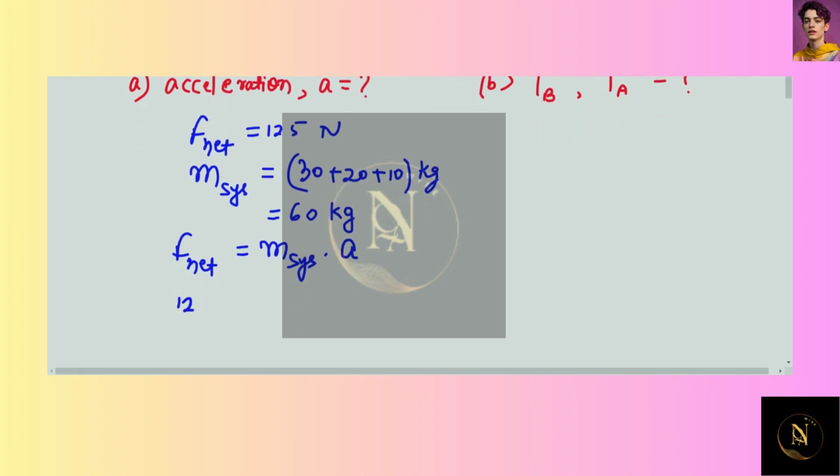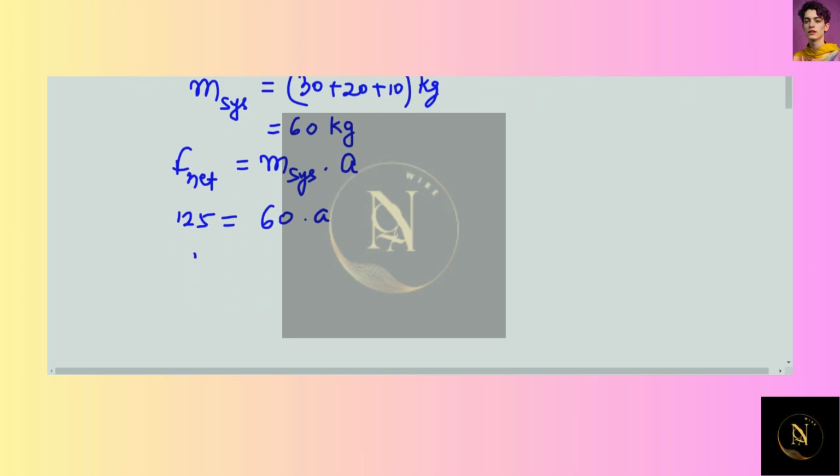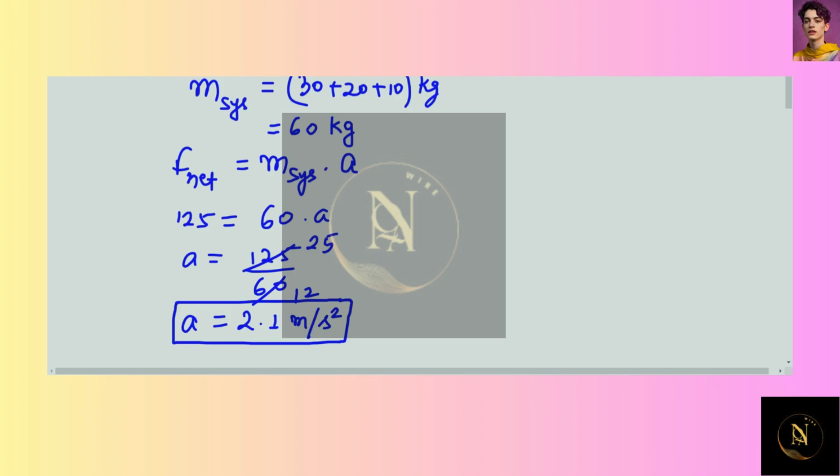So we get 125 = 60 times A. Solving this gives the acceleration of the system, 125 by 60, which simplifies to 25 by 12 meters per second squared, approximately 2.08. I'll take it to 1 decimal place, that is 2.1 meters per second squared. So this is the acceleration of the system.